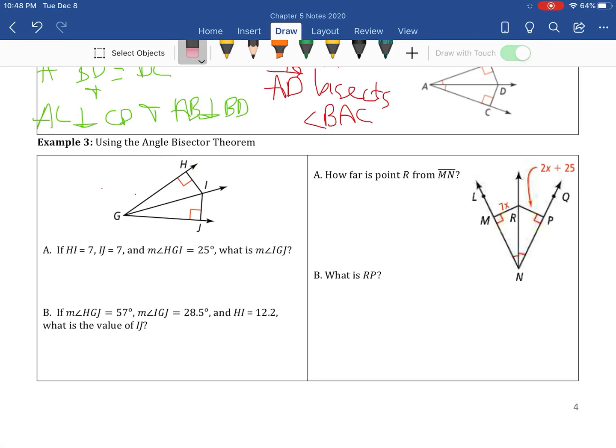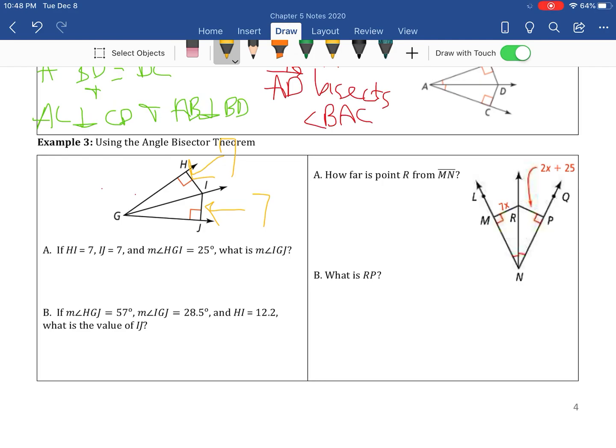That's kind of hard to tell, so let's see if I can draw and see what's going on here. So this right here is going to be 7, and IJ is also 7. What that means is that we have an angle bisector, because those two lengths are the same.